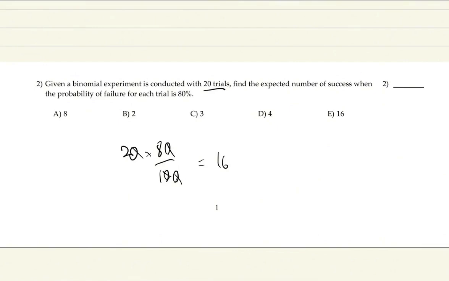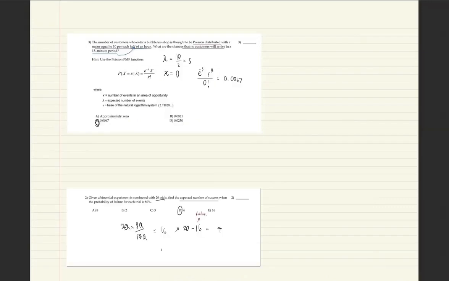We want the expected number of successes, so it's 20 trials minus 16 failures, which gives us 4. Okay, let's move on.